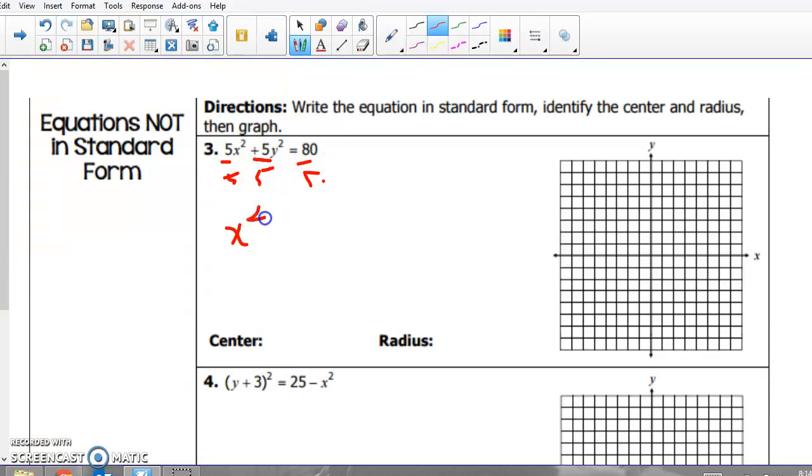So my equation would be x squared plus y squared equals 16. My center would be at 0, 0. My radius, the square root of 16, would be 4. So 0, 0, go 1, 2, 3, 4 in all 4 directions and connect them, and there's your circle.